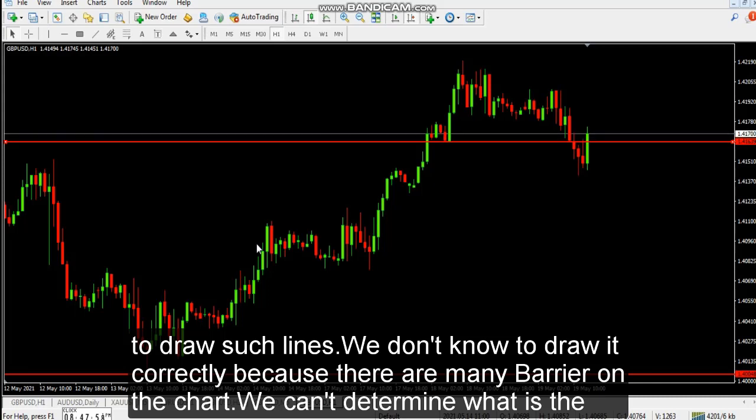We don't know how to draw it correctly because there are many barriers on the chart. We cannot determine what the barriers are.